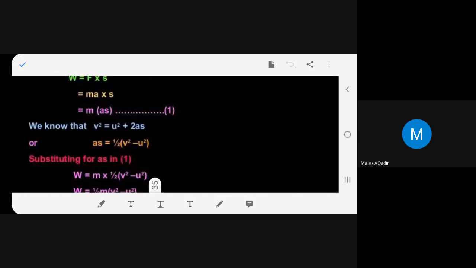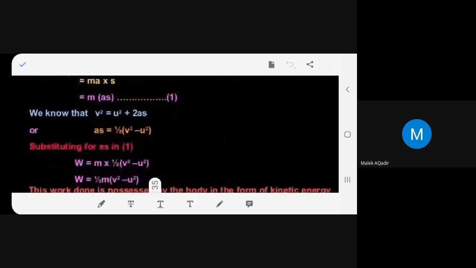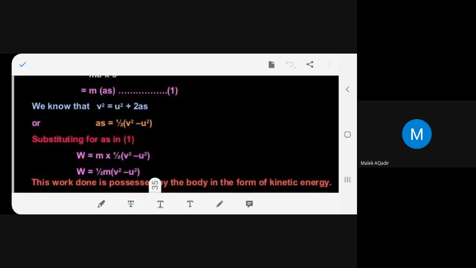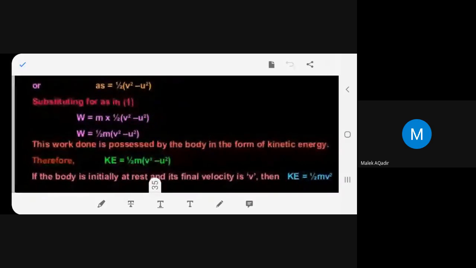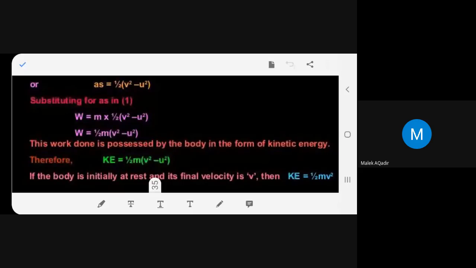Then we know that v square is equal to u square plus 2as, or as is equal to half v square minus u square. Substituting for as in W is equal to m into as, W is equal to half m into v square minus u square.